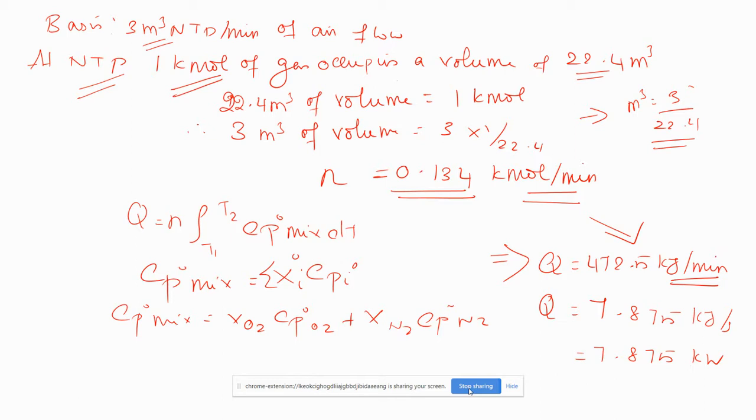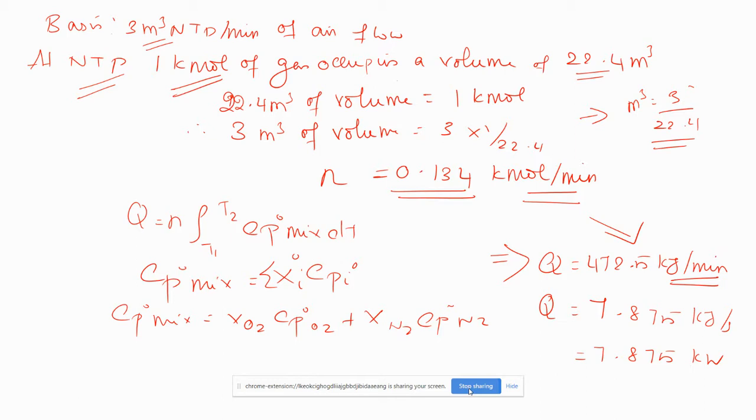So you will be getting Q is equal to 2 into 44.7503 into 533 minus 298 minus 38.126 into 311 minus 298. So you will be getting 20041.72 kilojoules. This is for the first part A, heat added.